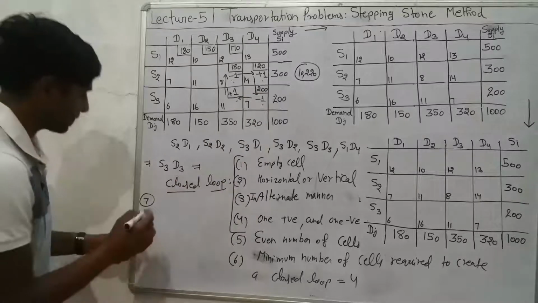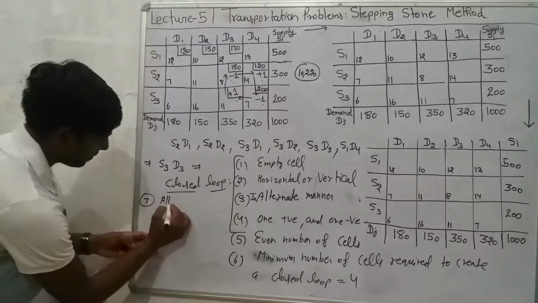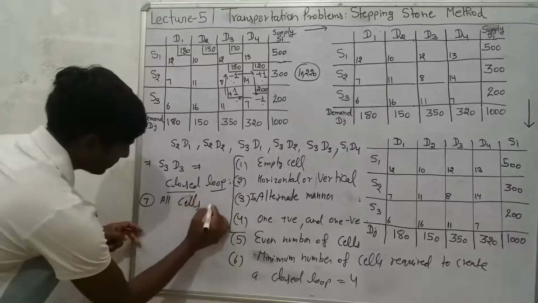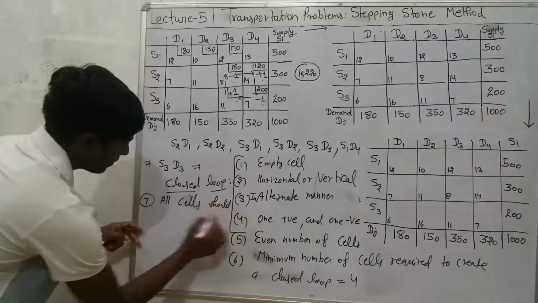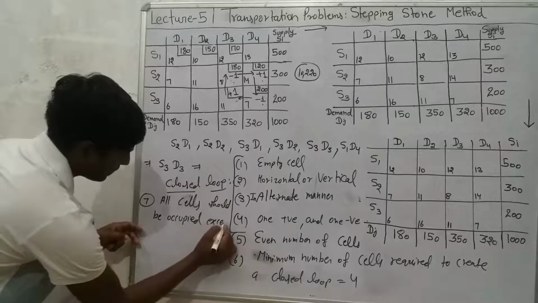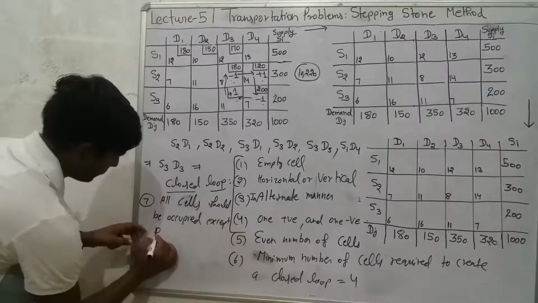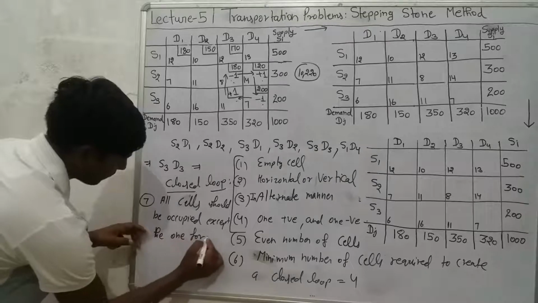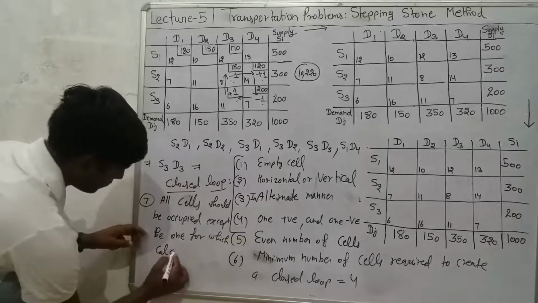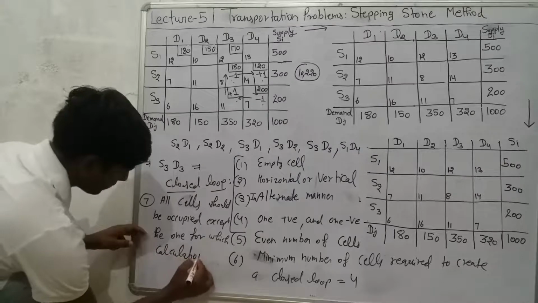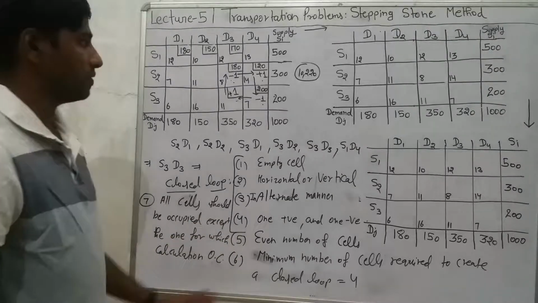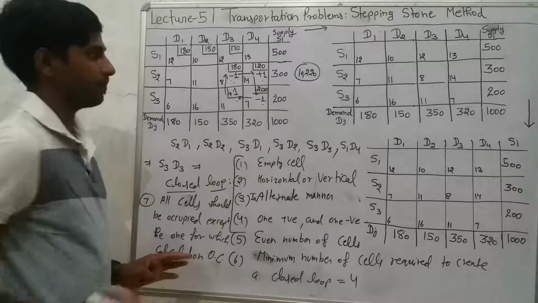Okay, you must keep in mind: all cells should be occupied except the one for which we are calculating opportunity cost.